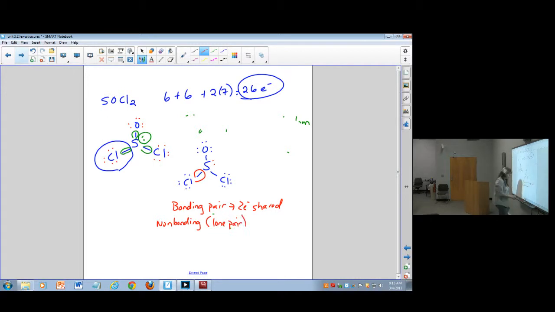I'll usually call them lone pairs, but each and every one of these separate sets of electrons are lone pairs or non-bonding pairs. In other words, they go with the atom, but they don't bond to anything else.